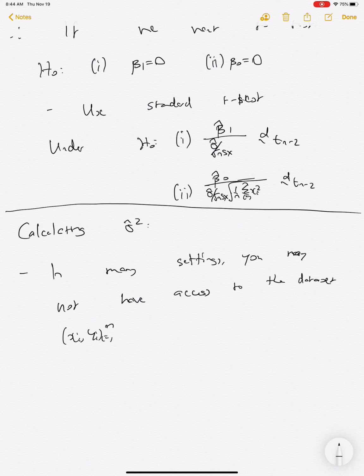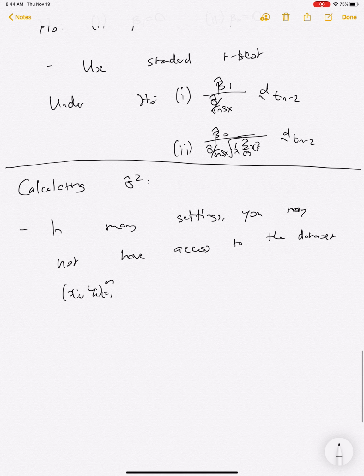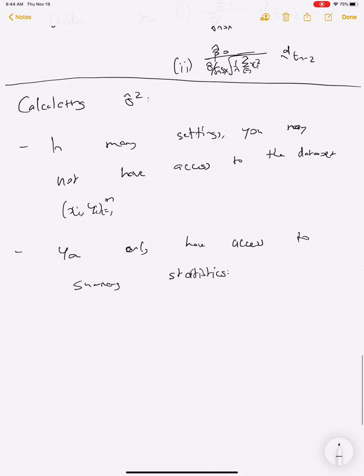And this includes exam questions or homework questions you may get. You only have access to the summary statistics, which I mentioned earlier, which are x bar, y bar, sx squared, sy squared, and rho hat.